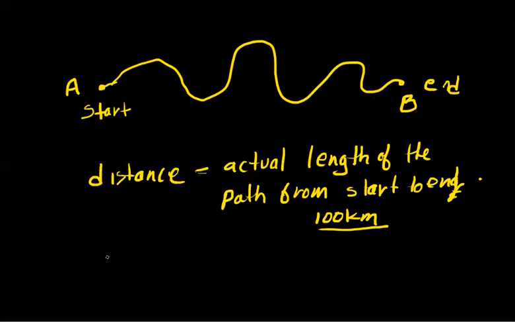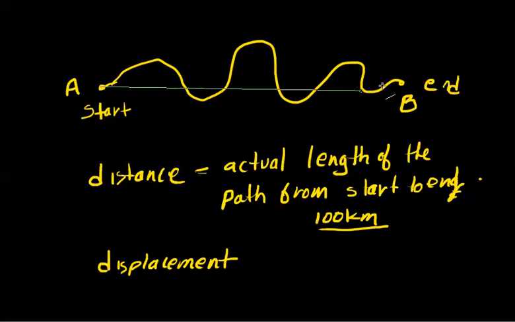Now the next thing is, what is displacement? Displacement is the shortest distance between the starting point and the ending point. That means if you draw a straight line from the starting point to ending point, the length of this green line, that is known as displacement.